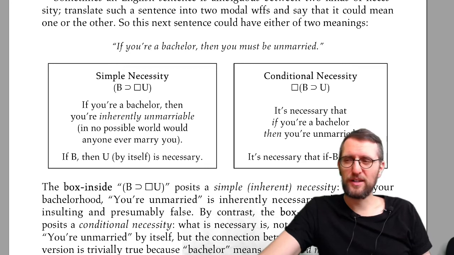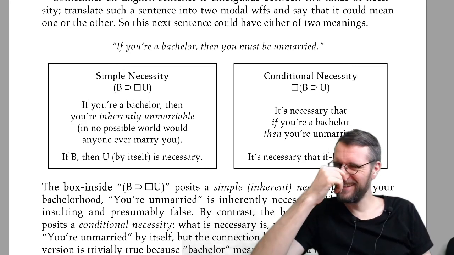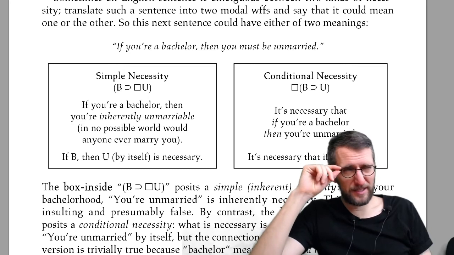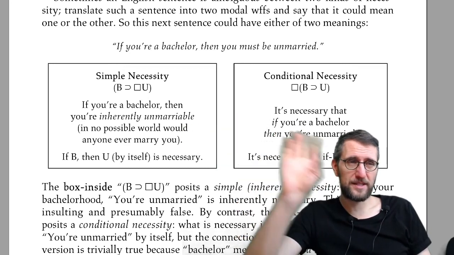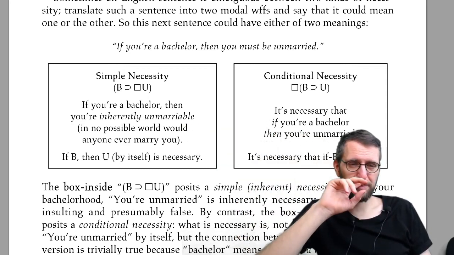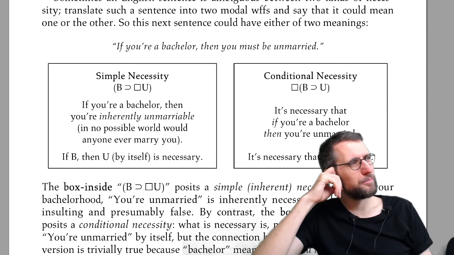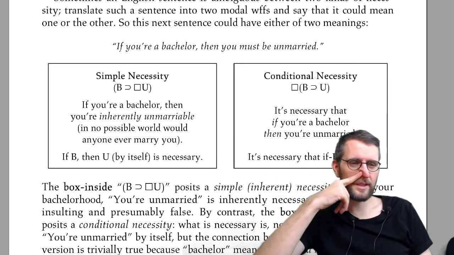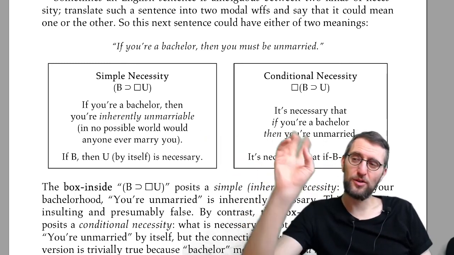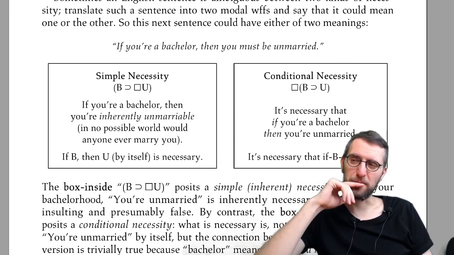No, actually for ugly not, right? So if you're a bachelor, it means that no one would ever marry you. Simple necessity. And conditional necessity: if you're a bachelor but you get married, then you're not a bachelor anymore. But as long as you're unmarried, you understand what I mean, right?